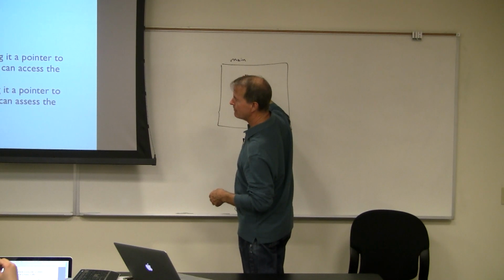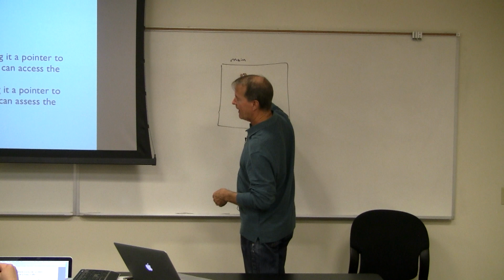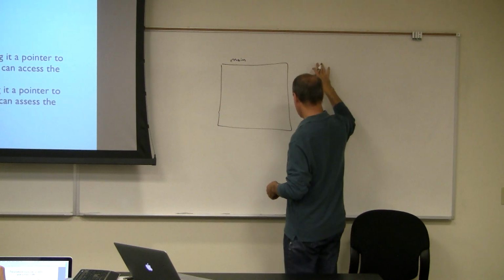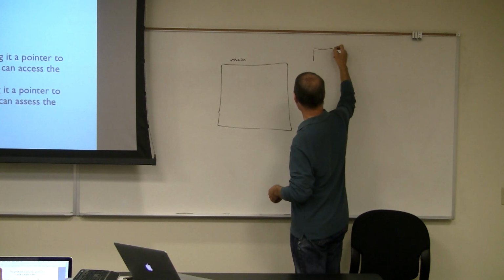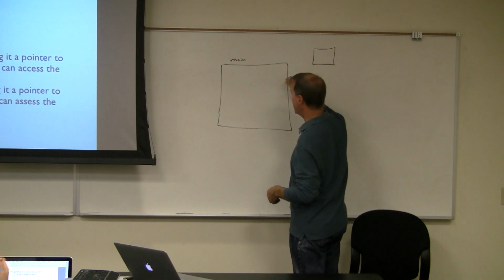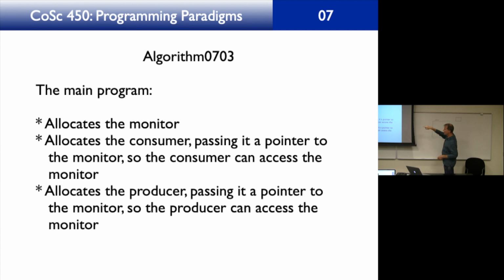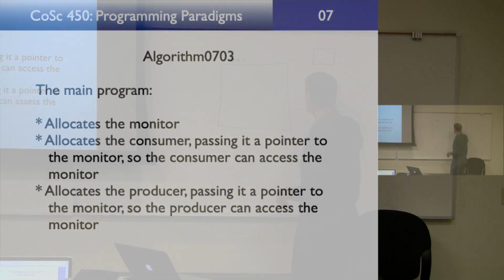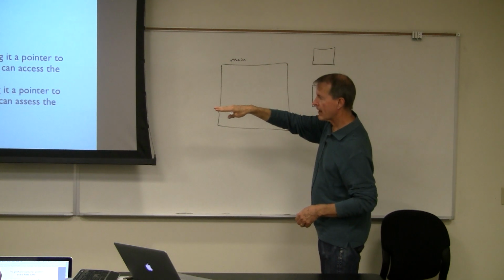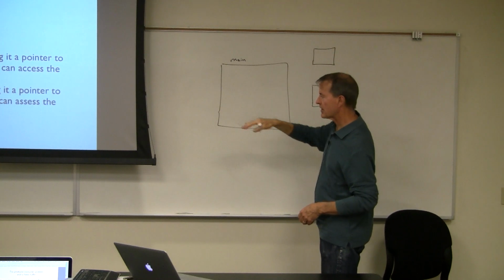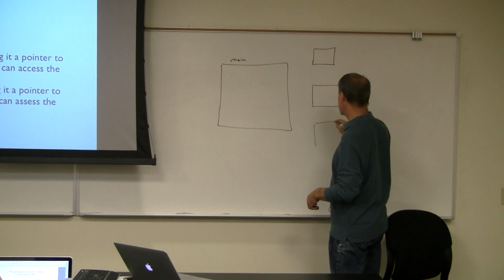Okay, so the main program allocates the monitor. Actually, no, we're going to allocate it out here. So it's going to allocate this monitor here, right? And then it's going to allocate the consumer, passing it a pointer to the monitor so the consumer can access the monitor. So then it's going to allocate the consumer here, and then it's going to allocate the producer, passing it a pointer to the monitor so the producer can access the monitor. So this is going to be the producer.